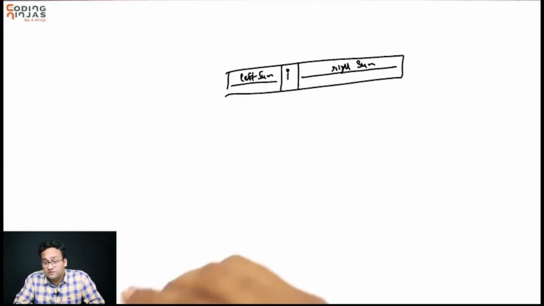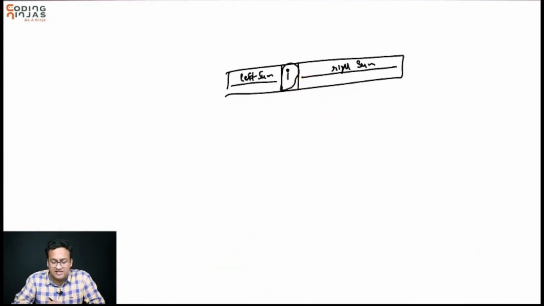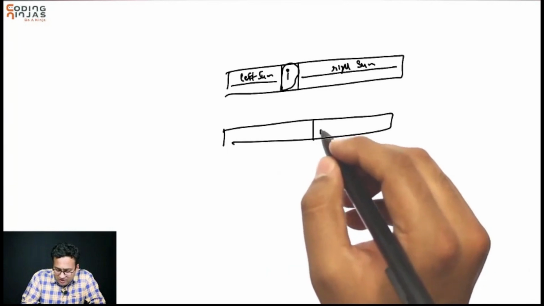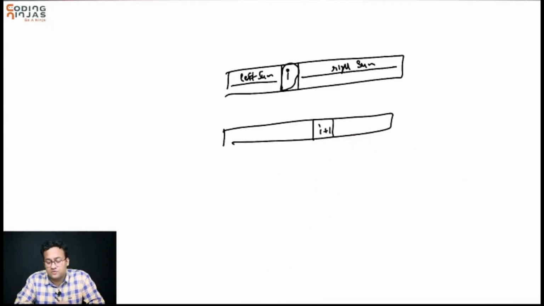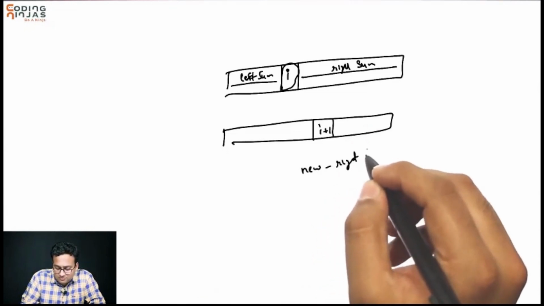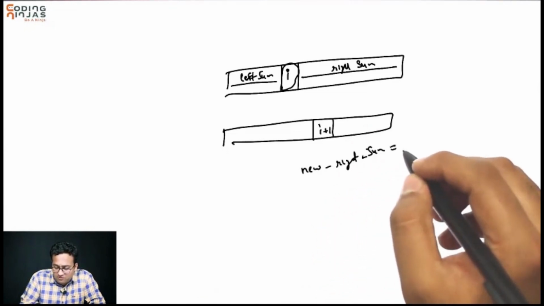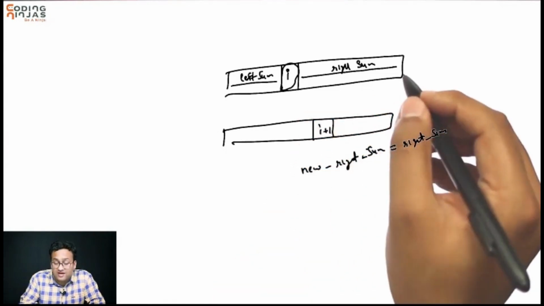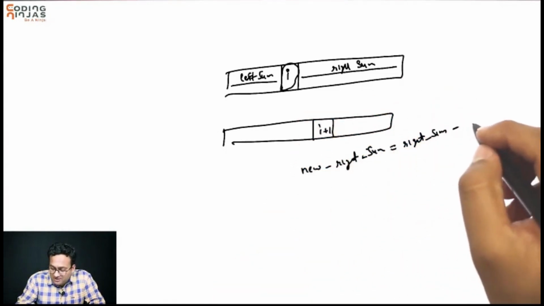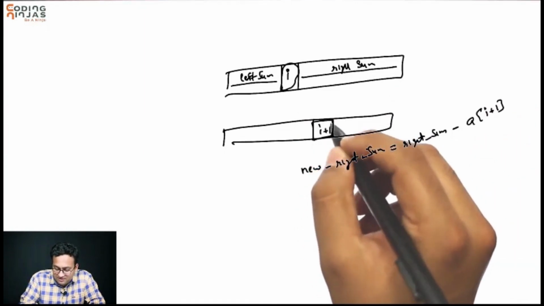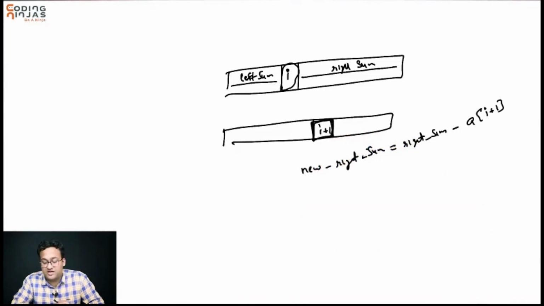Once you complete your work for this particular index and let's say you realize they are not equal, the right sum is not equal to left sum, then when you move to I plus 1, I think the new right sum will be equal to the right sum that you had previously, this value, minus a of I plus 1. This element needs to be subtracted from right sum.